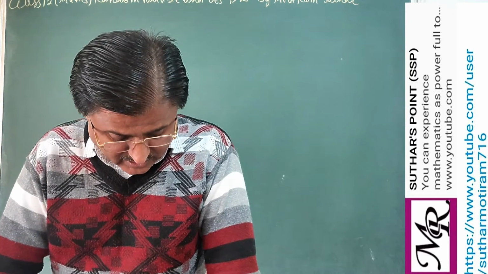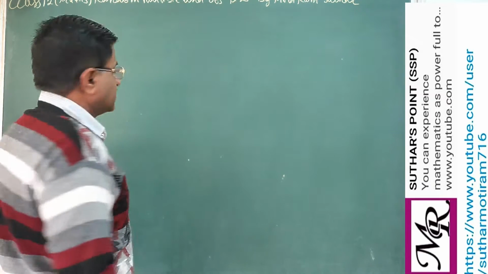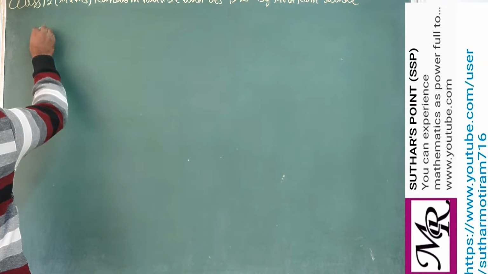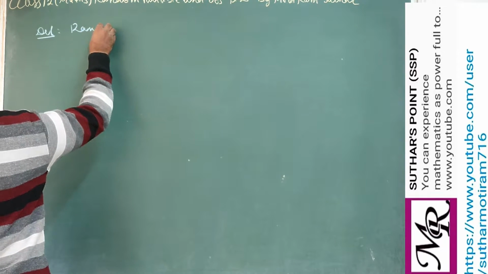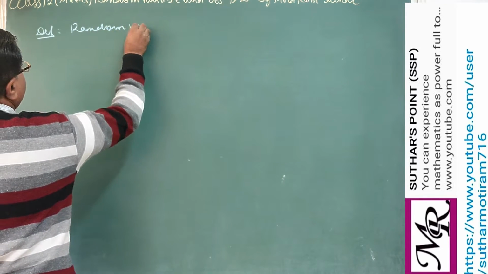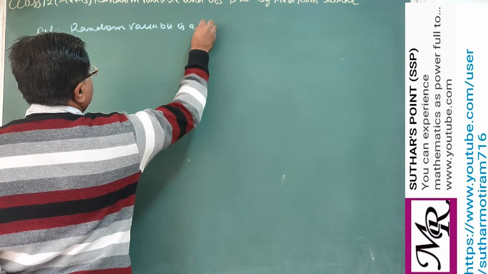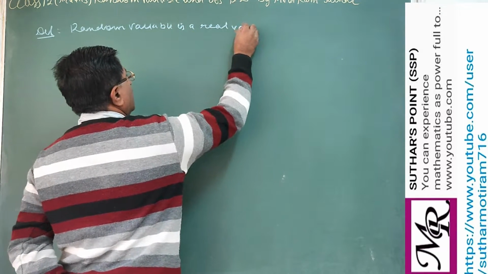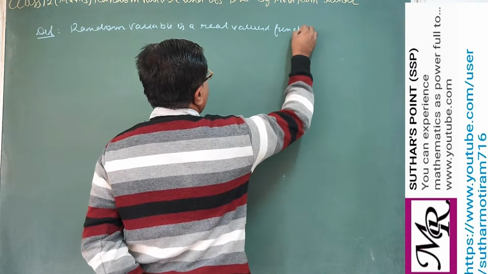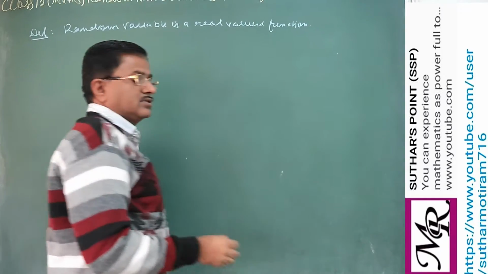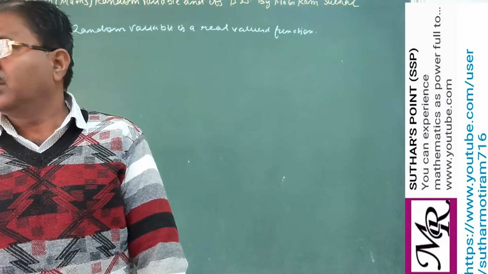So here, definition: a random variable is a real valued function. You may write the definition for random variable. So a random variable is a real valued function, which means whose value is real, so the codomain or range is a real value.